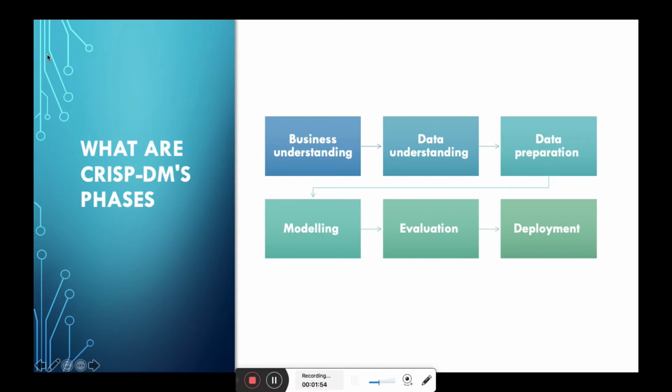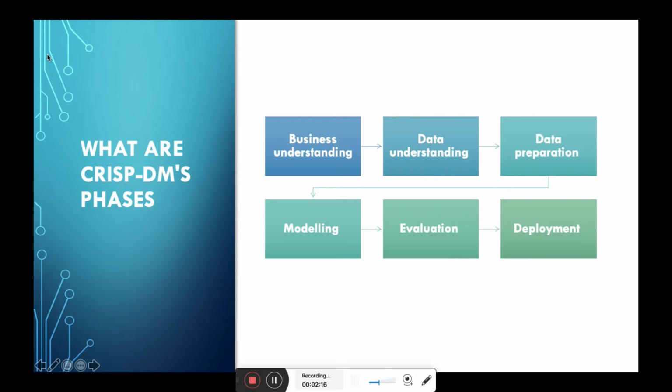Now in today's session, I will only talk about the business understanding part. This is a quite lengthy process, so I won't be able to cover all the 6 stages today. In the next session, I will talk about data understanding and so on and so forth.